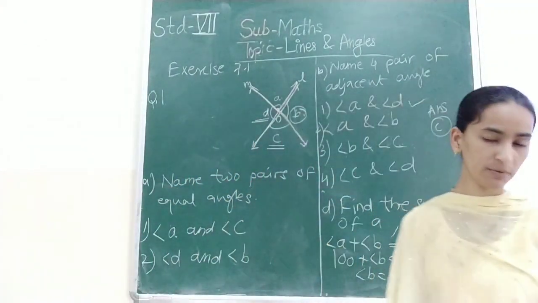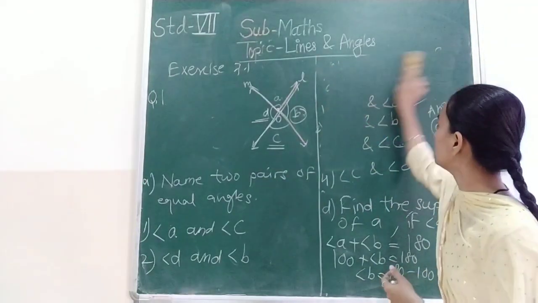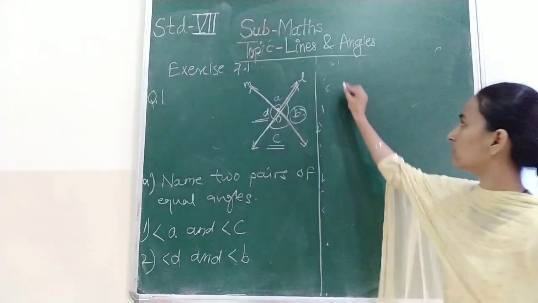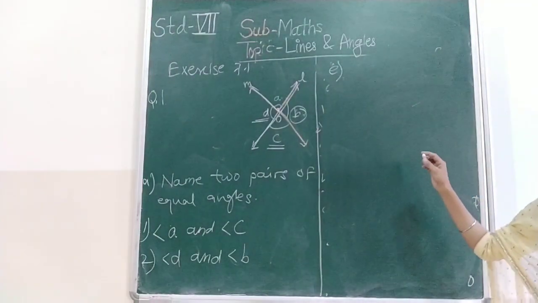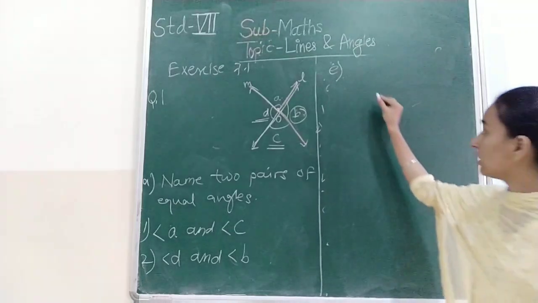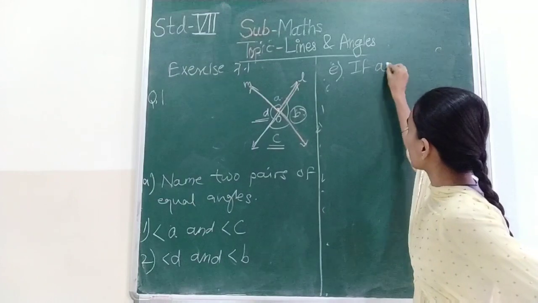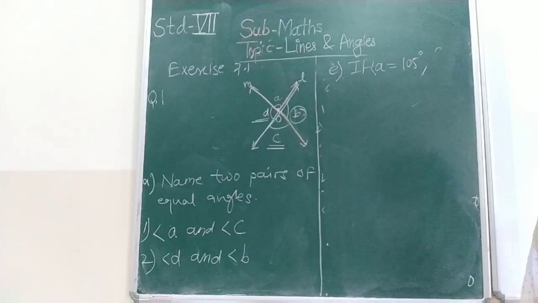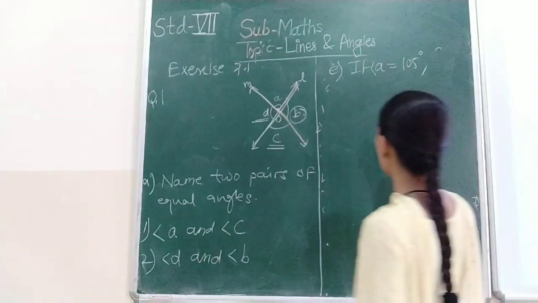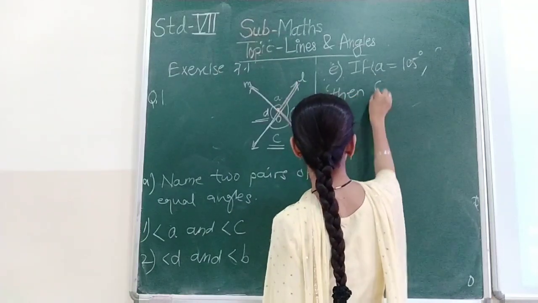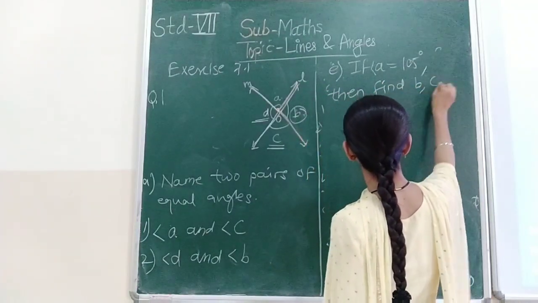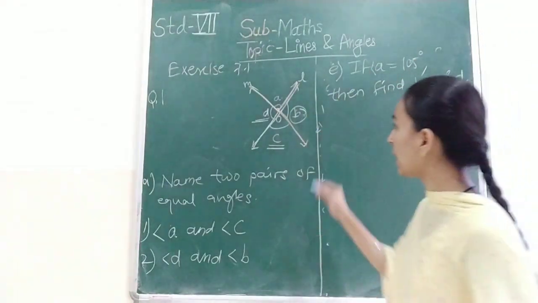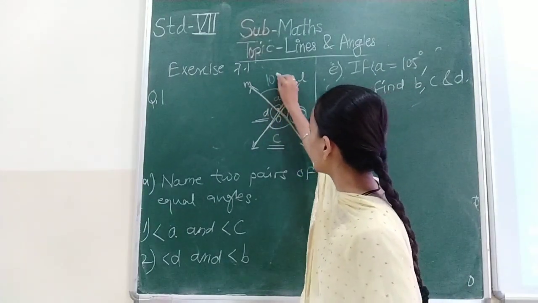Now the next question, E. In that, if angle A is 105 degrees, find the measure of B, C and D. Then find angle B, C and D. Now what will happen if this angle is 105?